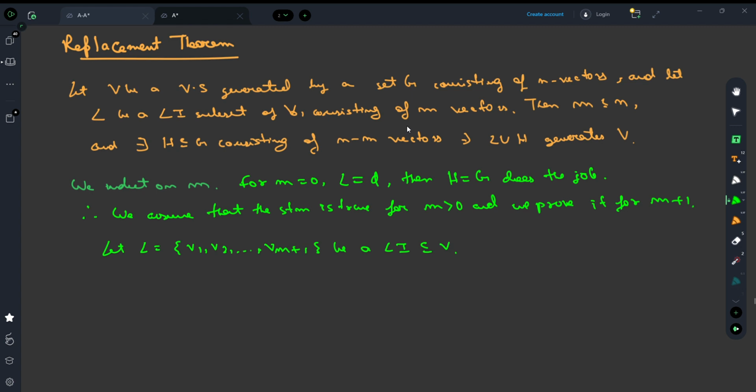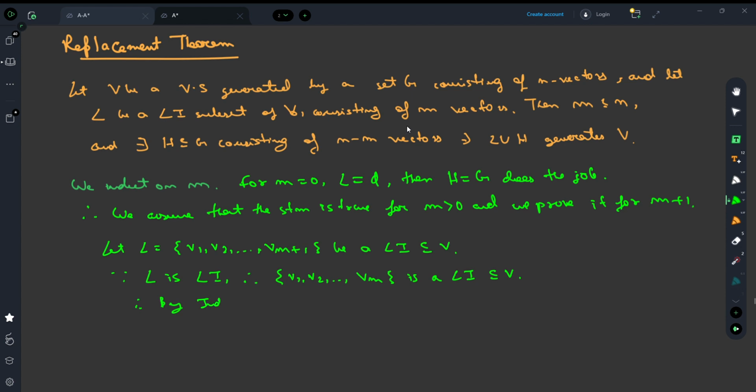Now we know that a subset of a linearly independent subset is still linearly independent, right? Since L is linearly independent, the collection v1, v2 till vm is again a linearly independent subset of V. Now we have m vectors, and we have assumed that this statement is true for some m greater than 0.